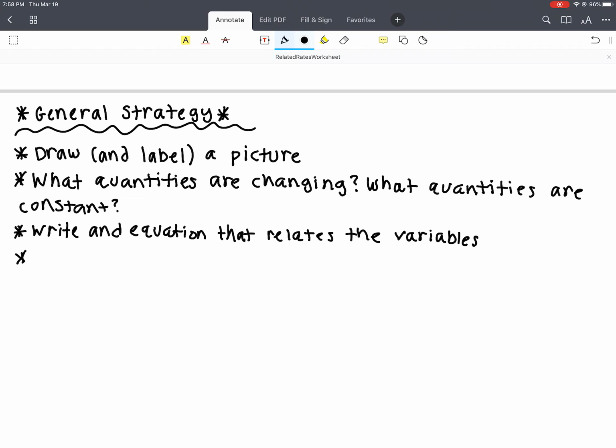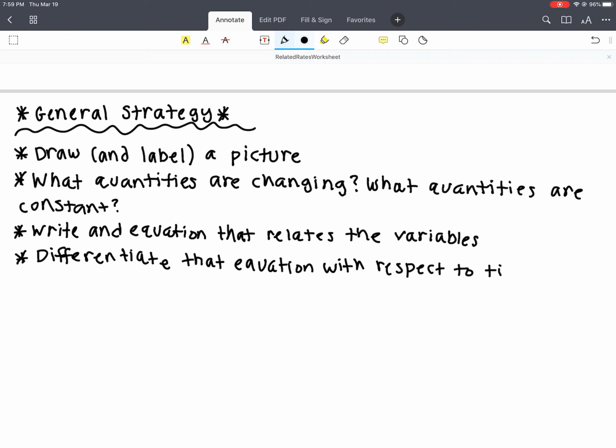We want to differentiate that equation with respect to time. And then we again ask ourselves something.